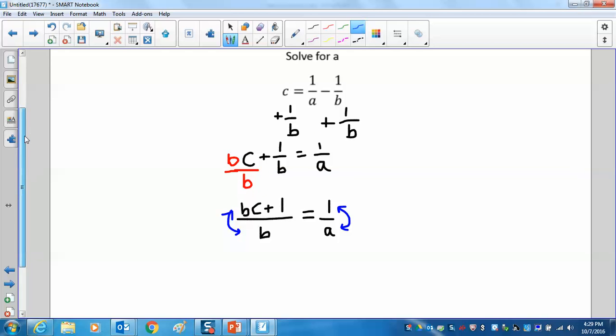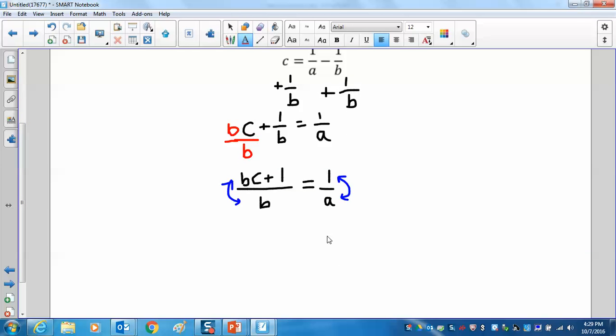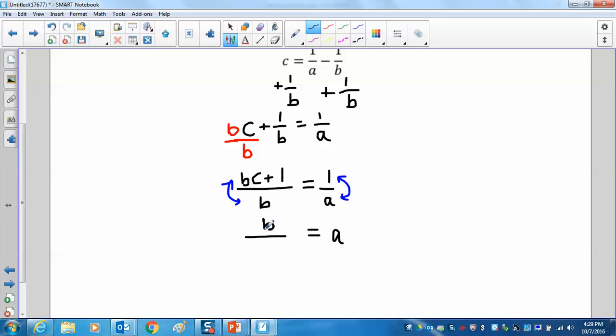So our final answer is a. Let me get my pen out. If we take the reciprocal on this side, we get a over 1, which is a. If we take the reciprocal on the left side, b is now in the numerator, and bc plus 1 is now in the denominator. There we go. We solved for a.